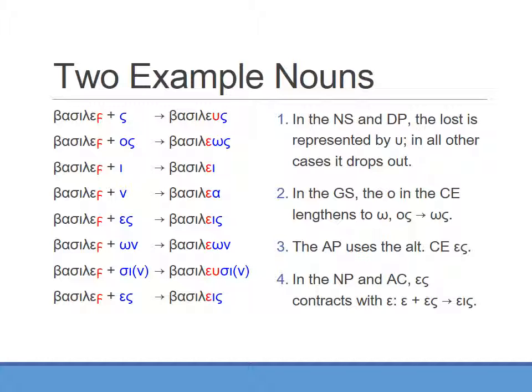And then in the accusative plural, we are using the alternate case ending epsilon sigma, same as for pisteos. And then in the nominative and accusative plural, we see contraction when the case ending epsilon sigma is added to the word ending in epsilon. The 2 epsilons contract. None of that should pose major problems if you recognize what is happening.